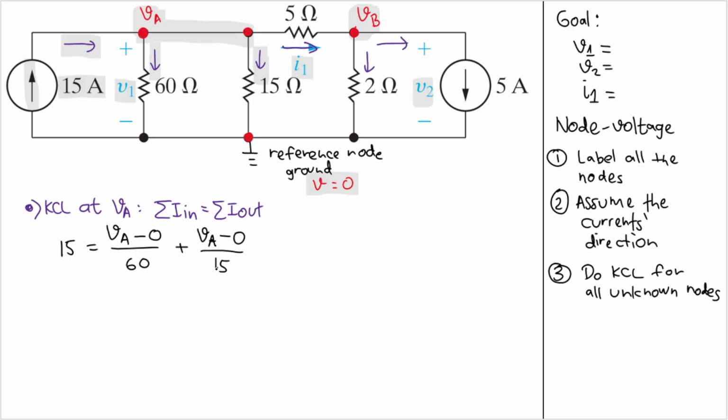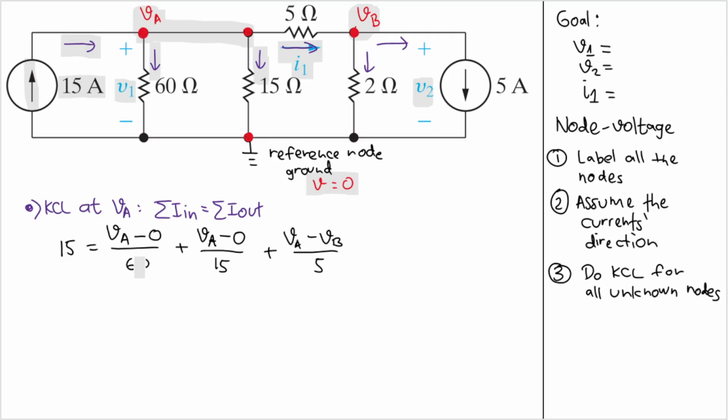Now see here, we have another current that goes out. So we will have one other current that goes out. But this is slightly different because the current comes from VA, but then it goes to VB. So I will have VA minus VB, not 0, because it is not going to the reference node. So we will have 3 currents that go out, and it is divided by the resistance between them. So I will have 5.